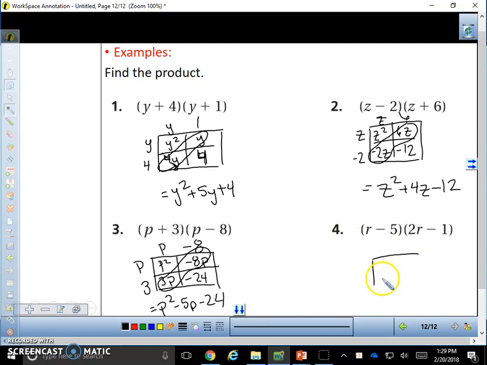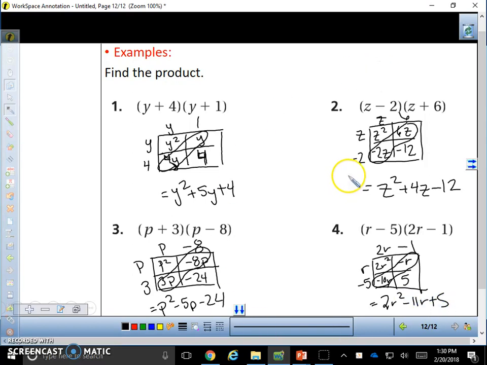Last but not least, r minus 5, 2r minus 1: 2r squared, -r, -10r, and 5. Combine your like terms and put in standard form: 2r squared minus 11r plus 5.